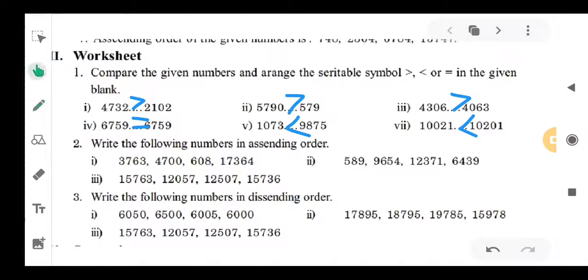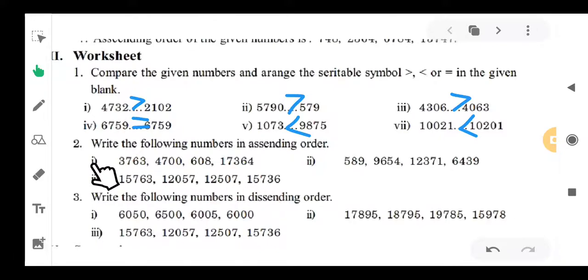Next bit. In the second bit, write the following numbers in ascending order. For ascending order, we already learned that we have to choose which is smaller and which is bigger. So in ascending order, first of all you have to write the smallest one, after that the bigger one.